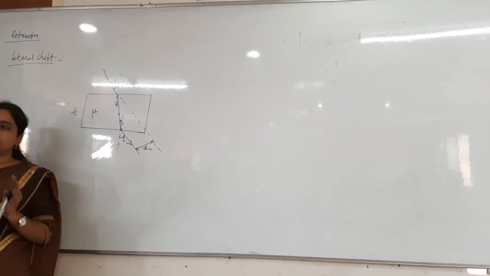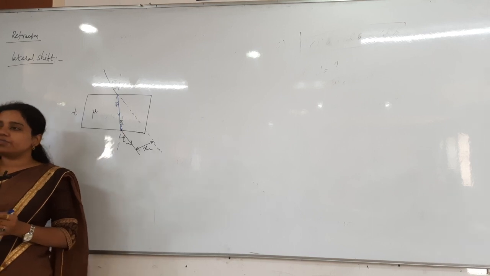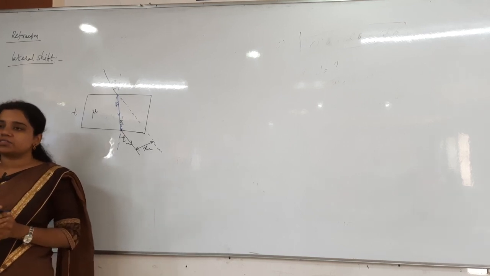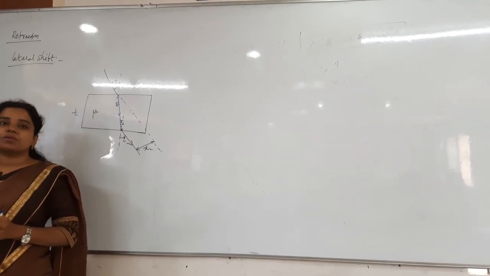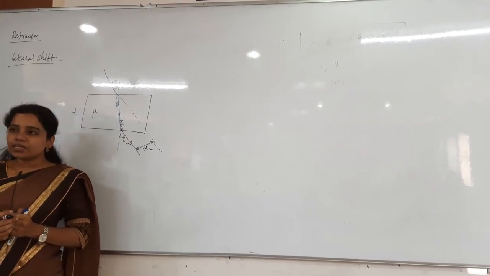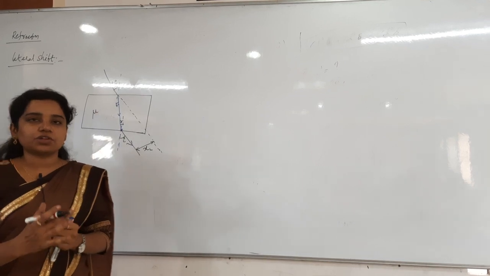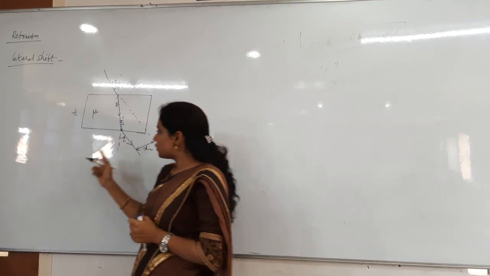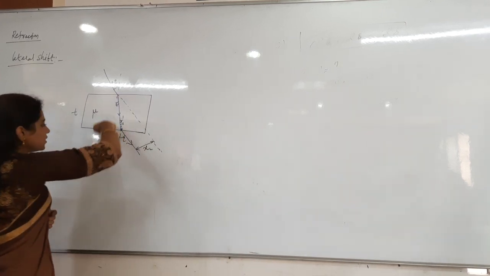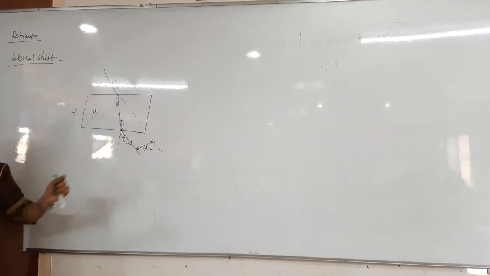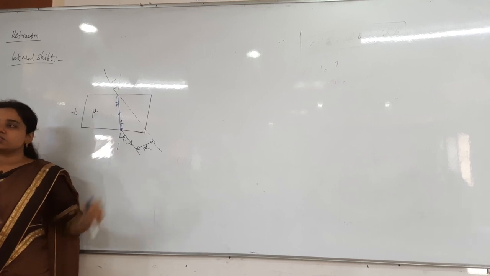The distance between the two parallel rays is the lateral shift. Why is it lateral shift and not normal shift? Because it is not normal to the boundary. A normal shift would be in this direction or this direction. But now it is not normal, so this is the lateral shift.